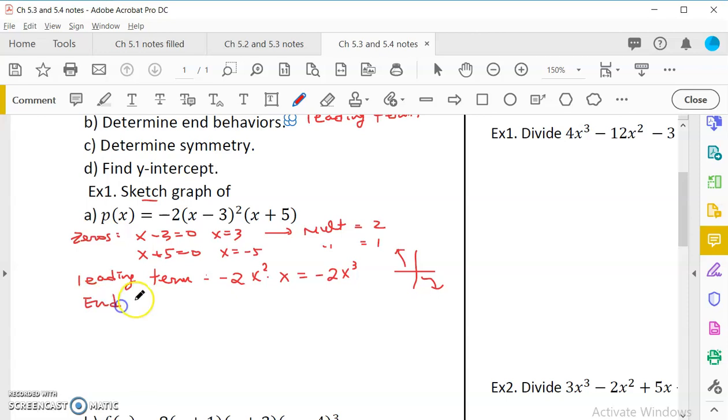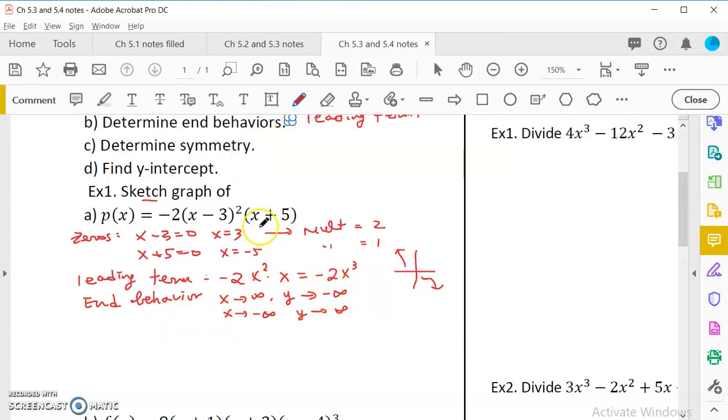Technically, you should write the end behavior this way: when x approaches infinity, y approaches negative infinity. When x approaches negative infinity, y approaches infinity. They go in opposite directions. So we have the end behavior.